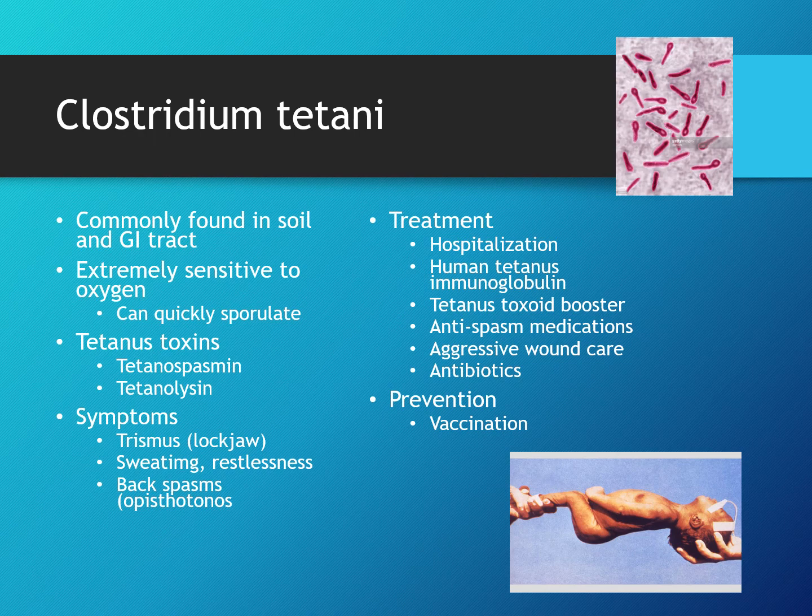So how do we treat it? How do we prevent it? Well, the way that we treat it is by going to the hospital first and foremost, and the individual is going to get some injections of the tetanus immunoglobulin, a tetanus booster as far as the vaccine, and some antispasm medications.